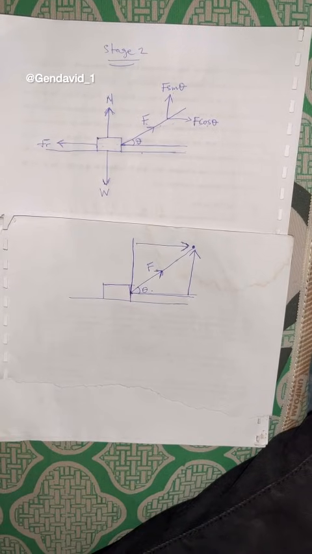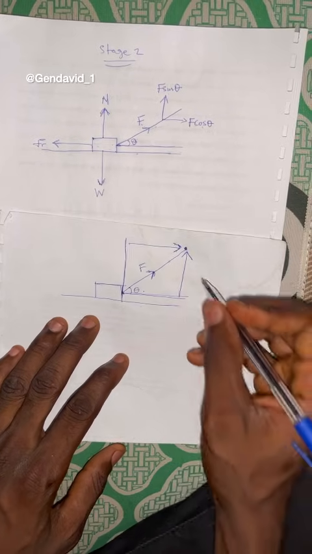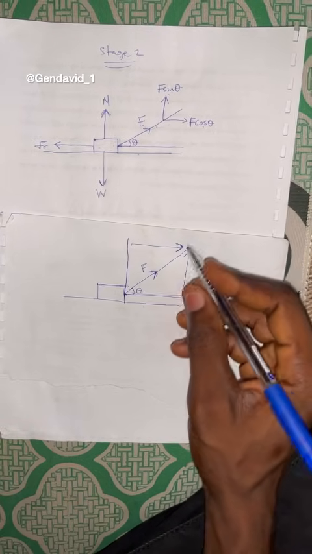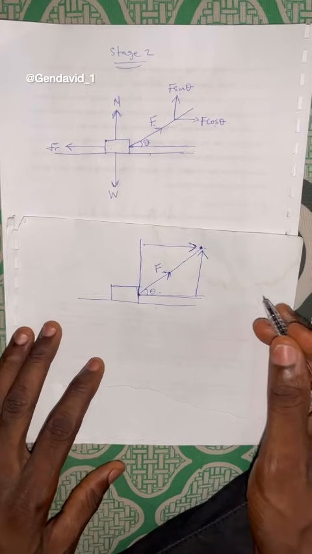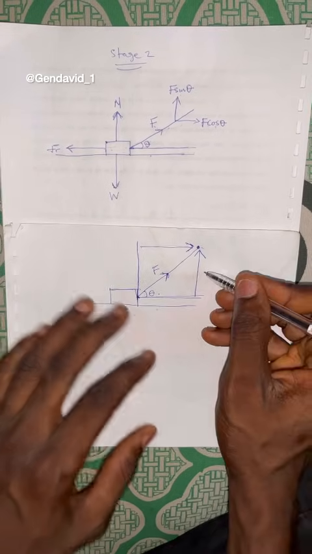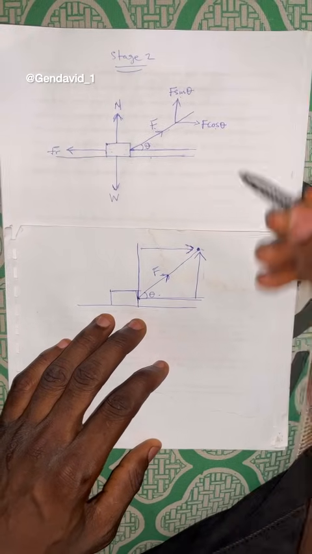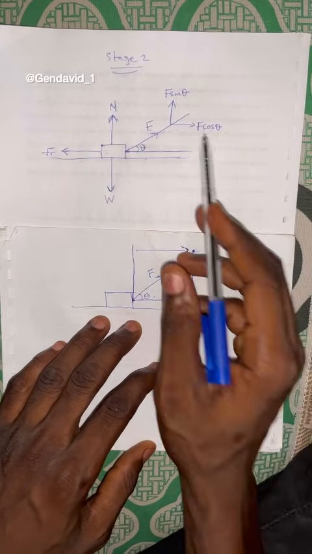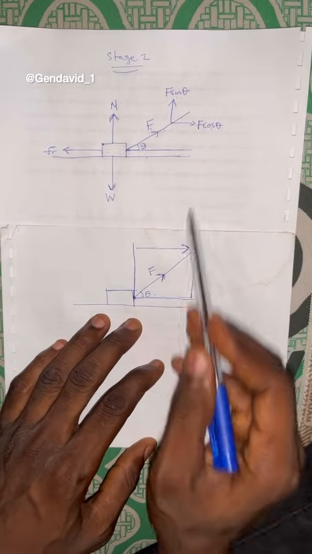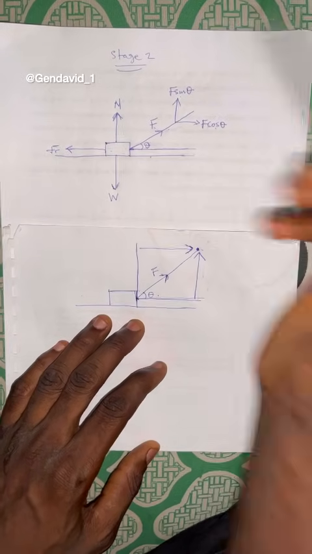The horizontal will go like this to meet this, then the vertical will go like this to meet this. If you know the value here, it represents the vertical side, and the value here is the same as the horizontal. As you can see, the horizontal arrow is going like this, and the vertical is going up.